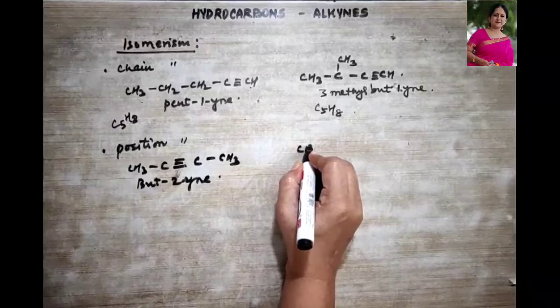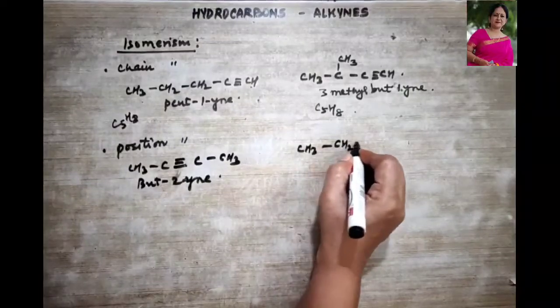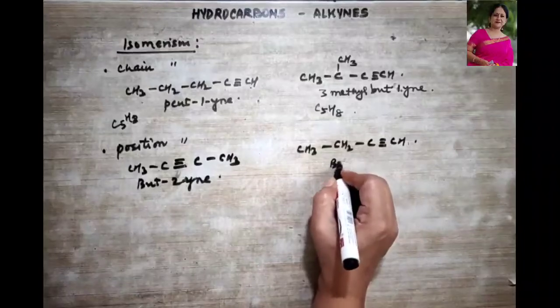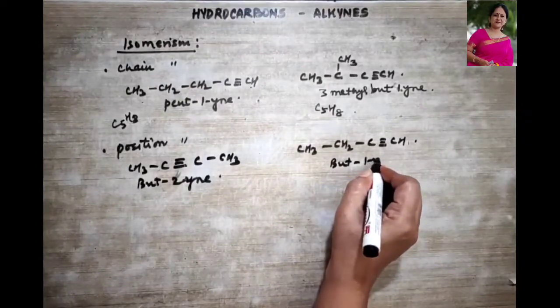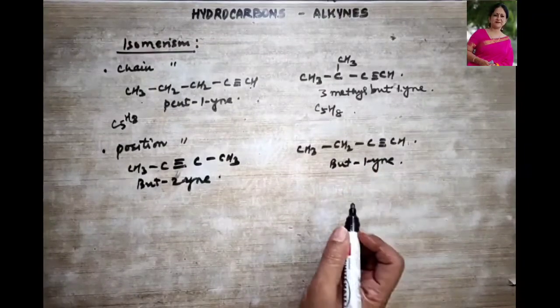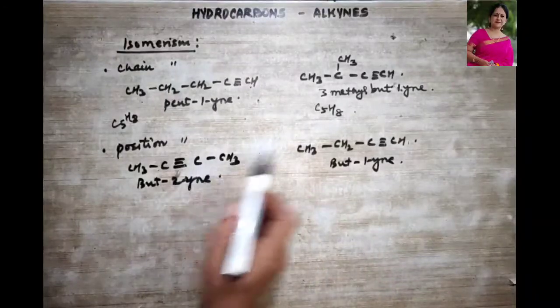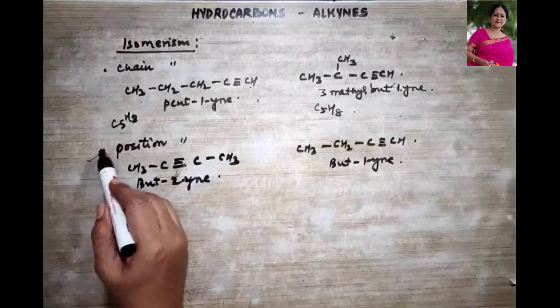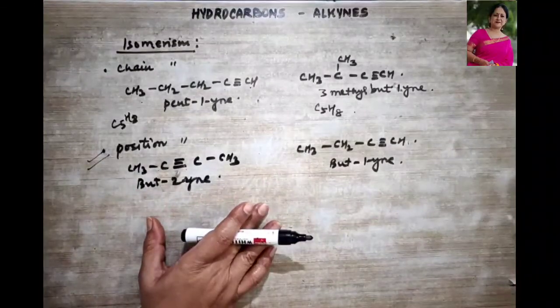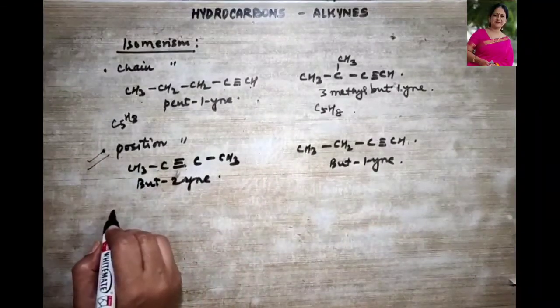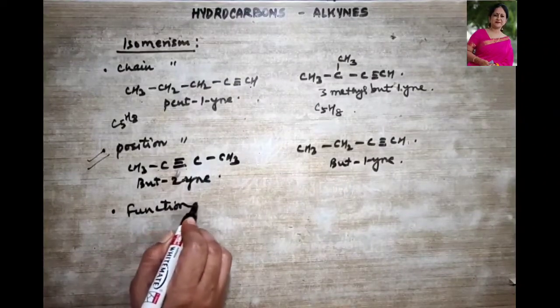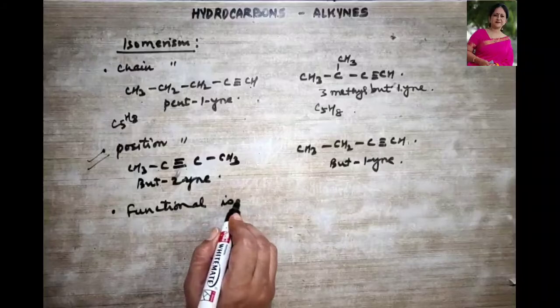And if we see CH3 CH2 C triple bond CH, this is also butyne, but it is but-1-yne. So the change in the position of the triple bond also explains the position isomerism. It also shows functional isomerism.